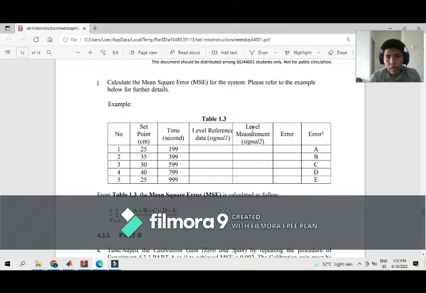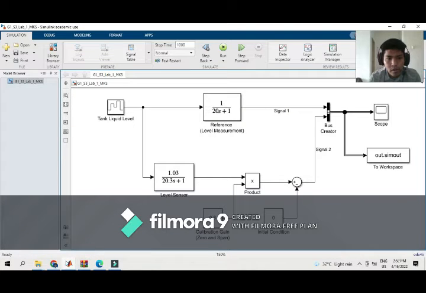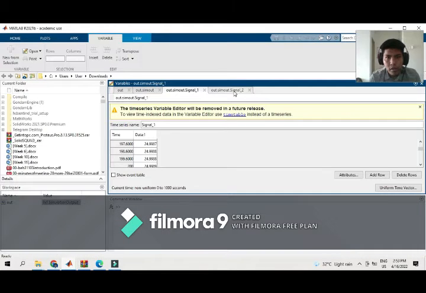To find the level measurement for signal 2, we sync out signal 2 and find the time. For example, at time 199, the data for signal 2 is 20.5989.